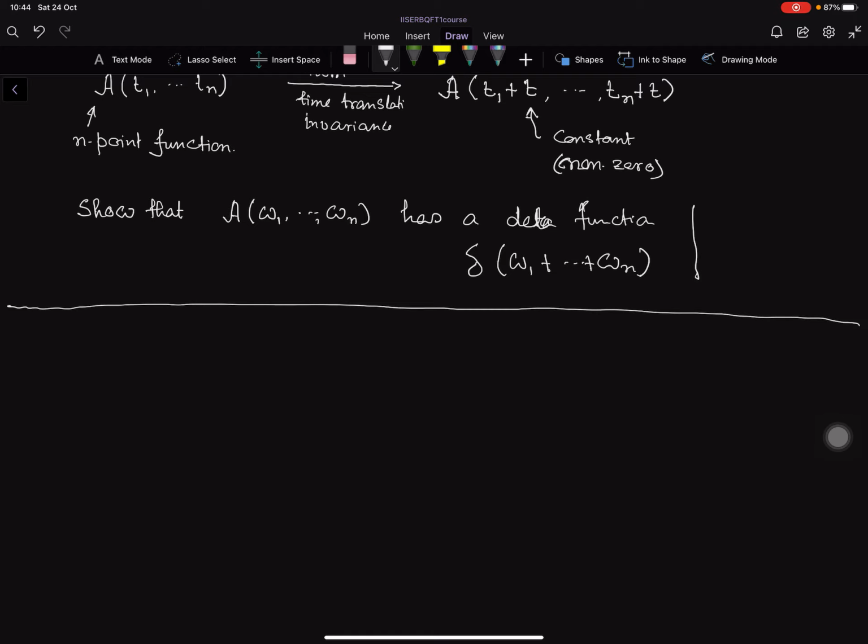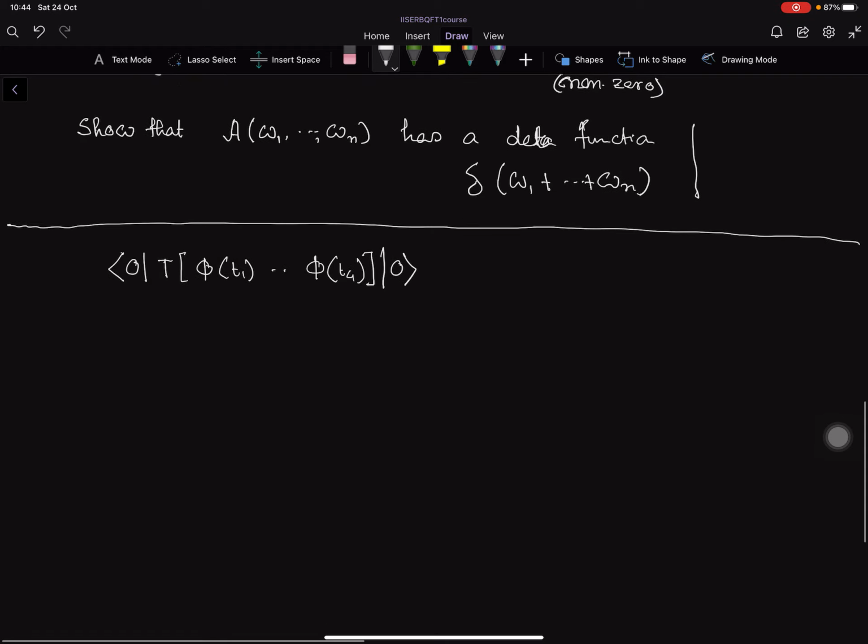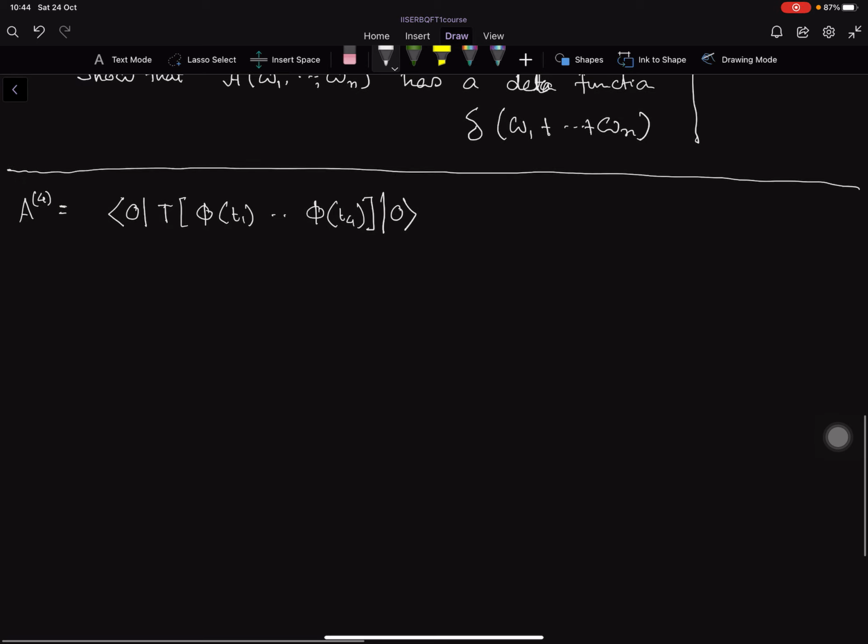Good. So let's now do some other simple computation. Let's take up 4-point functions. Again, in position space, this is some 4-point function. The position space Feynman diagrams are something like, let's say there are 4 points.